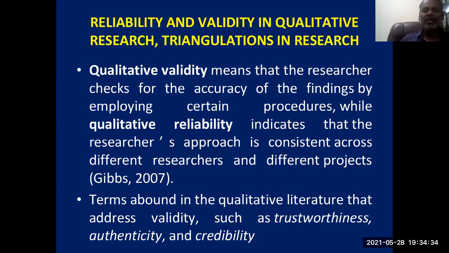So qualitative validity means that the researcher checks for the accuracy of the findings by employing certain procedures, while reliability indicates that the researcher's approach is consistent across different researchers and different projects. So validity means the researcher needs to check the accuracy of the findings by employing different procedures.